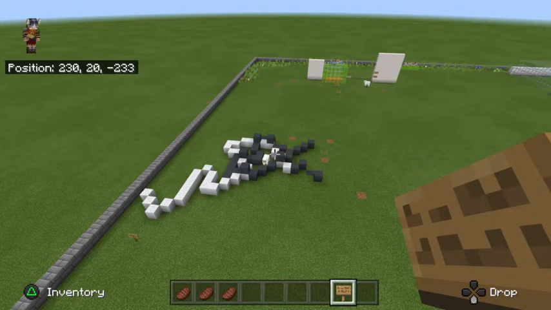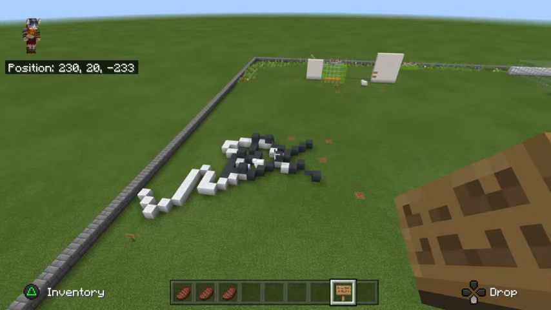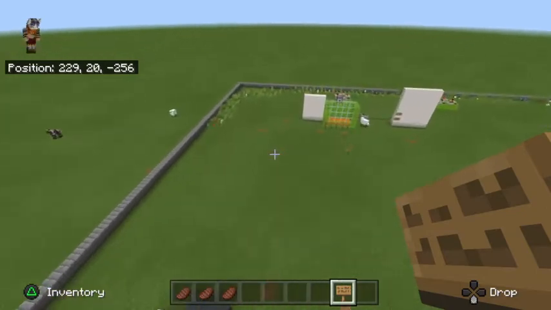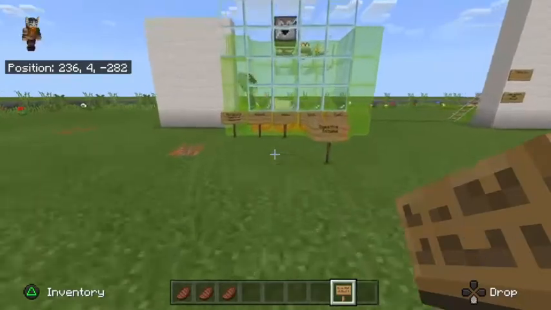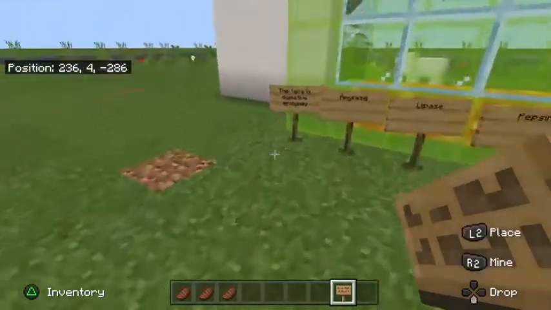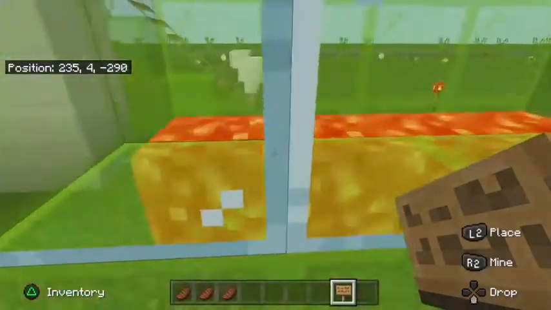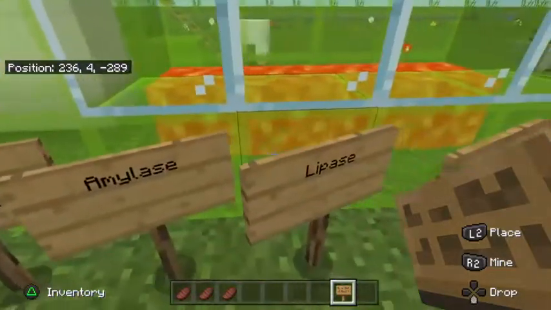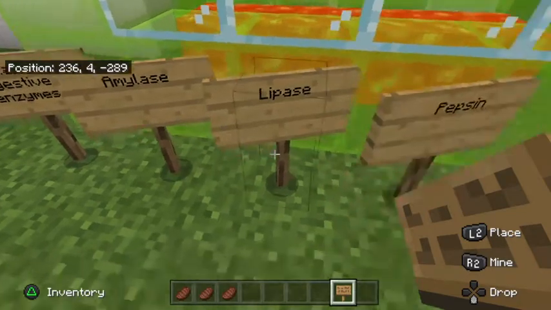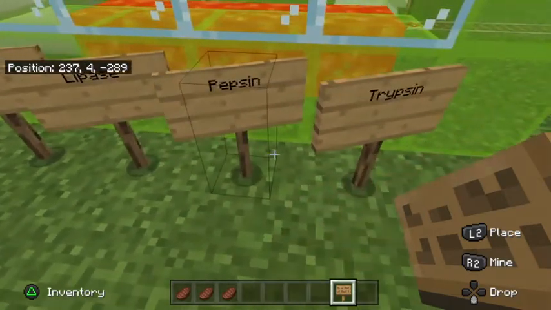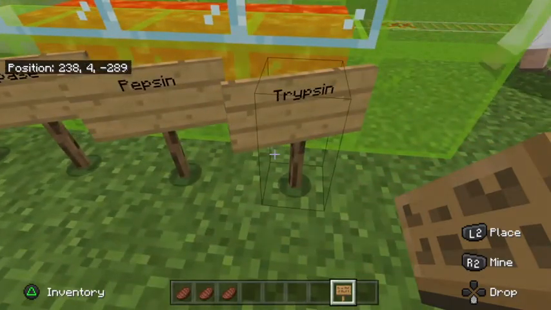So let's go to the fun part and talk about protein function. We're going to look at digestive enzymes first. The digestive enzymes can be made up of amylase, lipase, pepsin, and trypsin.